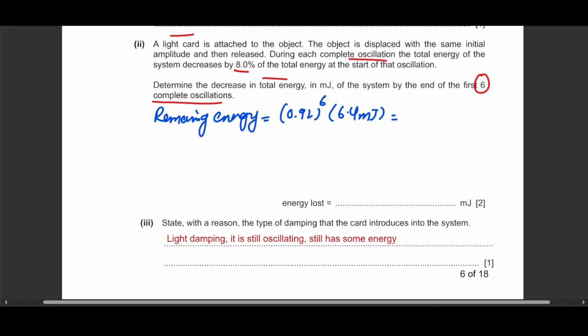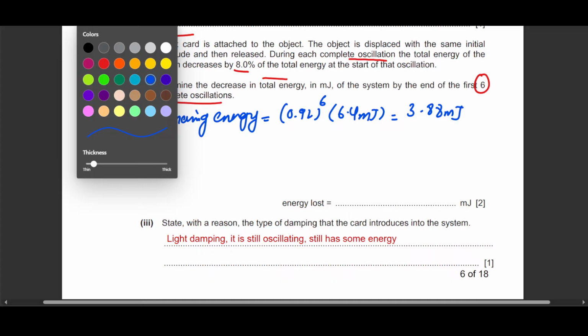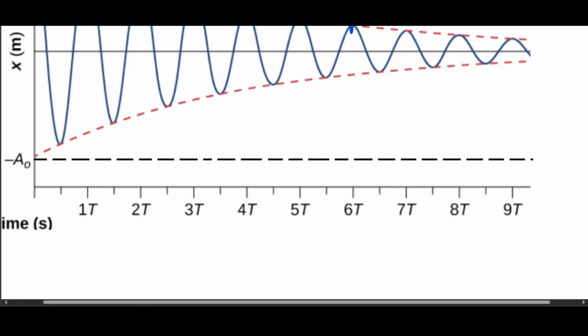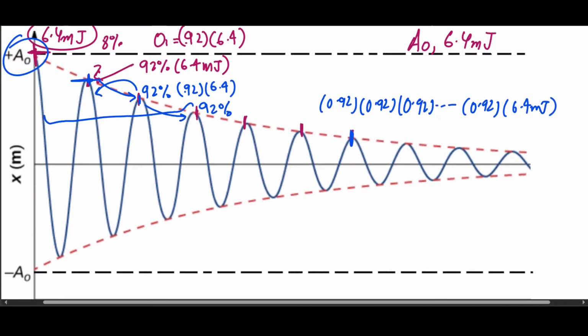So this answer comes out as 3.88 millijoules. This is the amount of energy left in the system if you reach the 6th oscillation. At this location, the total energy will be 3.88 millijoules, and at the very beginning, the energy was 6.4 millijoules, right?